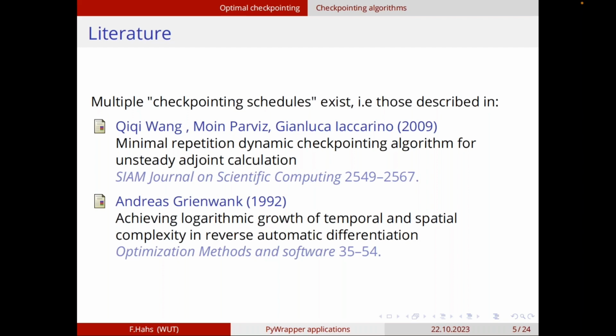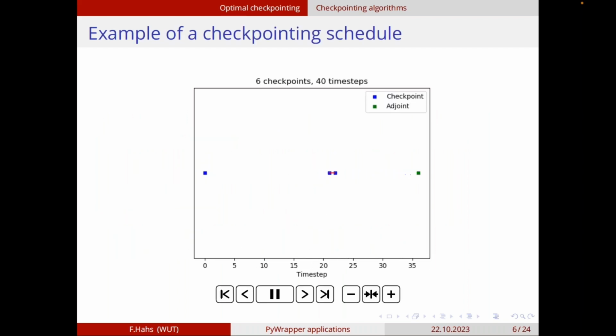So let's take a look here at what one of these checkpointing schedules looks like. Let me restart it here. We start here with just the first time step being calculated, and we have 6 checkpoints available, and we need 40 time steps. As we continue, time steps are being forgotten in the past.